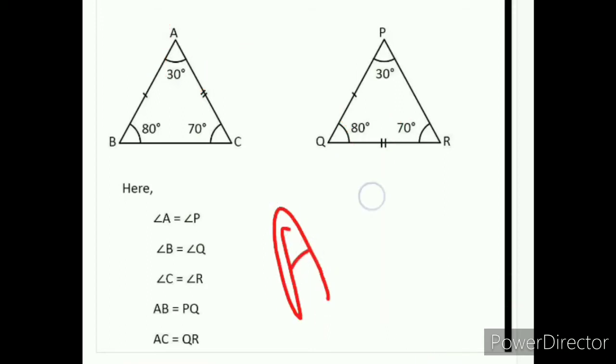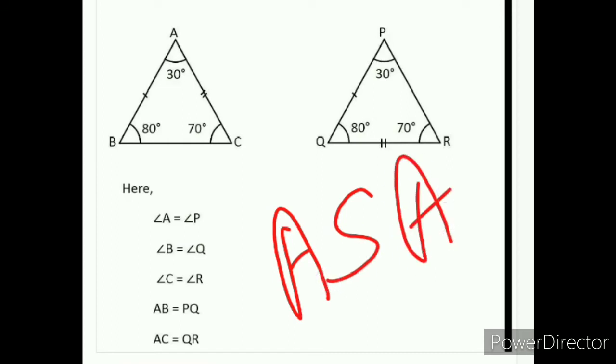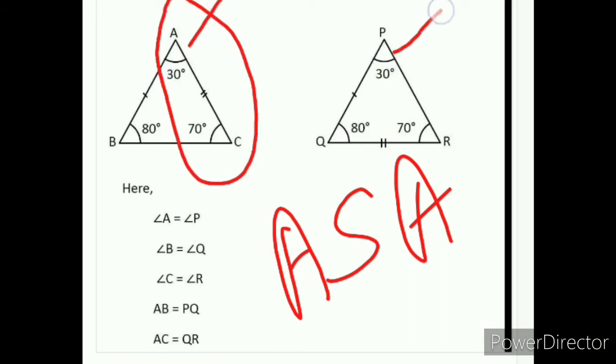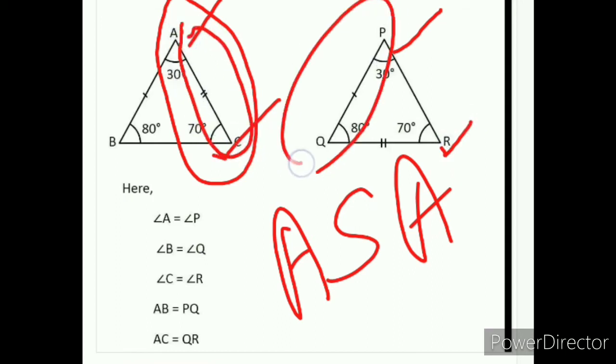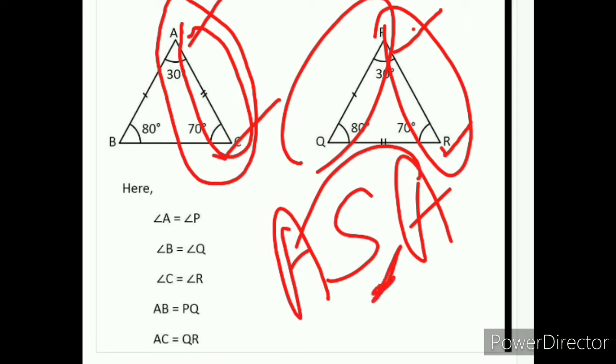Next, ASA: 2 angles with one side between them. So we will select this part. Angle A 30 degrees, angle P 30 degrees. Angle C 70 degrees, angle R 70 degrees. The side in between is AC, which should be equal to PR for congruence, but AC is equal to PQ here. 2 angles in between a side.